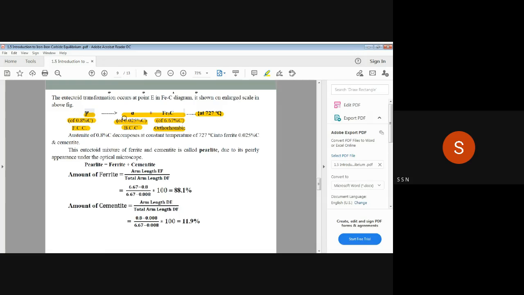Alpha ferrite has BCC structure, gamma austenite has FCC structure, and Fe3C cementite has orthorhombic crystal structure. Now, in MCQs, these structures as well as the percentage of carbon are asked many times. So just remember this percentage of carbon for different transformations.